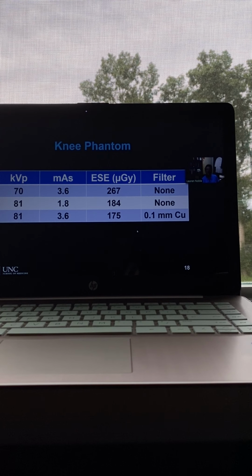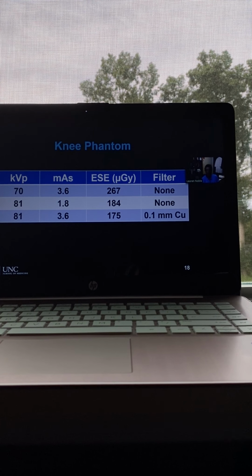But since that filter also absorbed a lot of low energy photons, look what happened to the entrance skin exposure. It went down. So even though I'm using 3.6 mAs, I've got less exposure to the patient here than I did here.